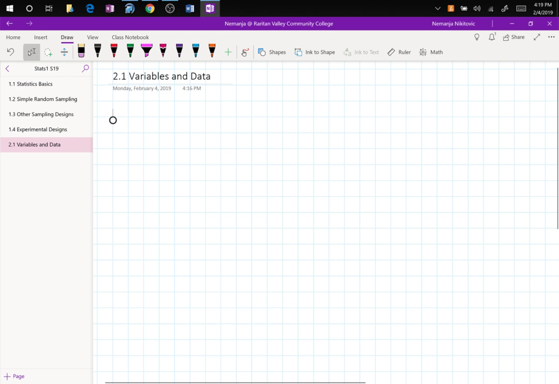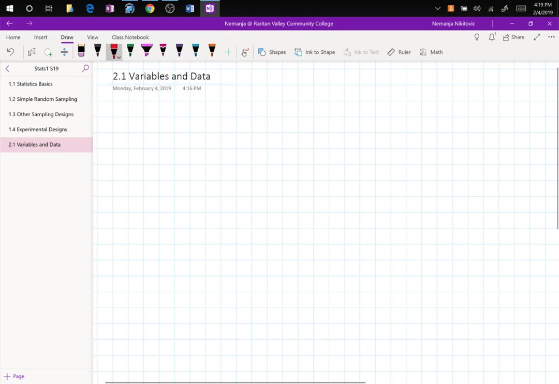So now we're going to write a few of these definitions. This section is mostly, again, words and words and more words. And then eventually we'll start introducing some numbers.